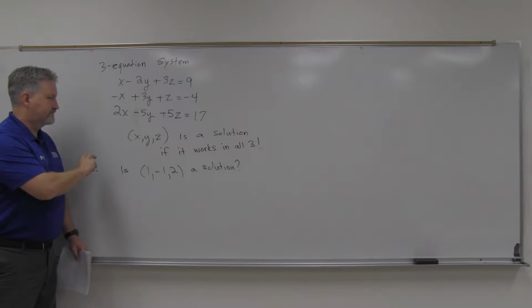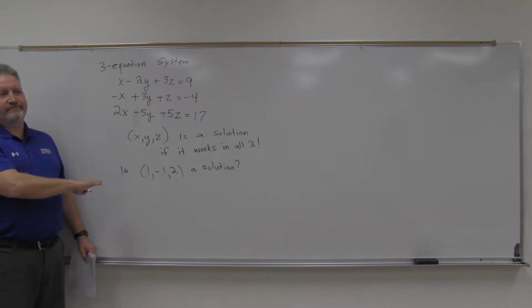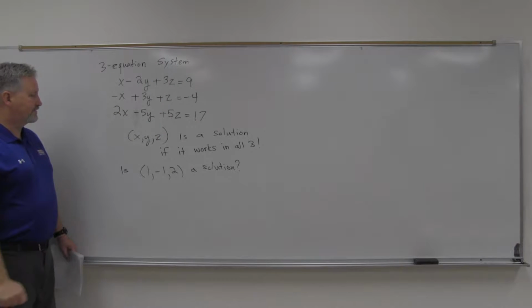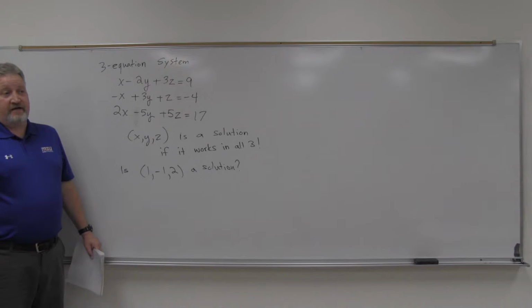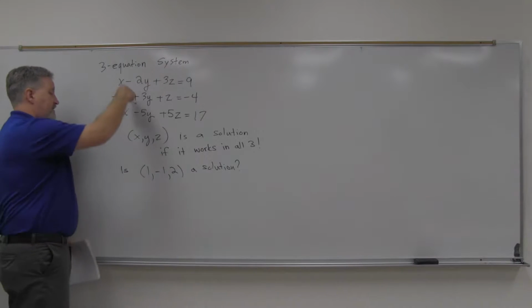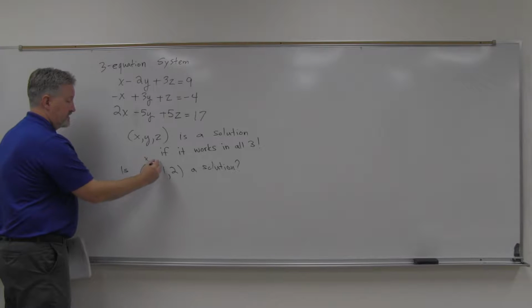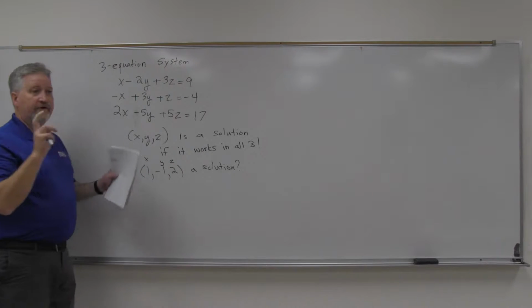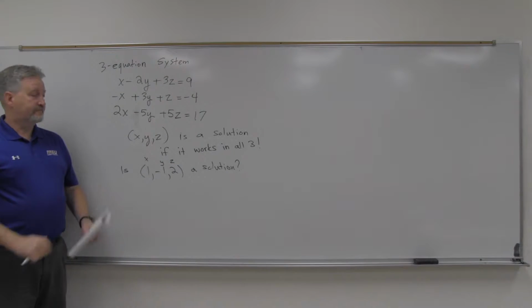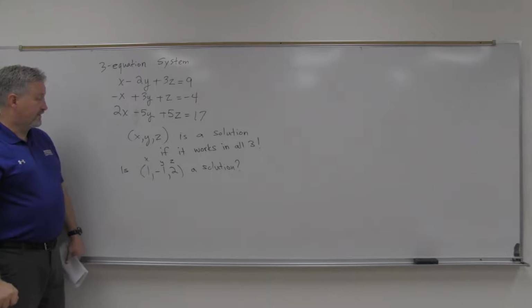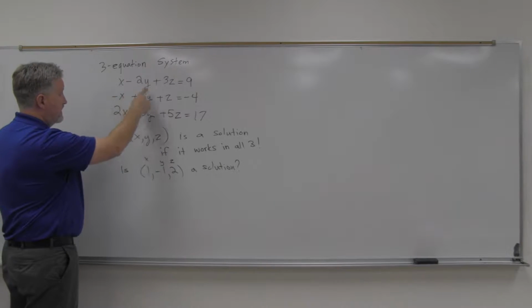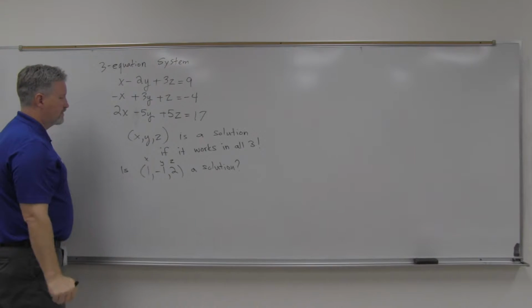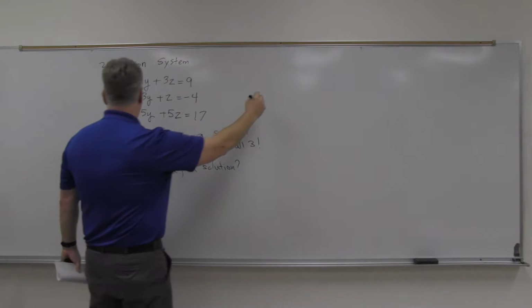But if we've got an ordered triple here, to check, just check it in all three. So just plug that in. Of course, this is the x, that's the y, and the z. It's still ordered, that alphabetical order, x, y, and z, in that order. So we just check to see if it works in all three.